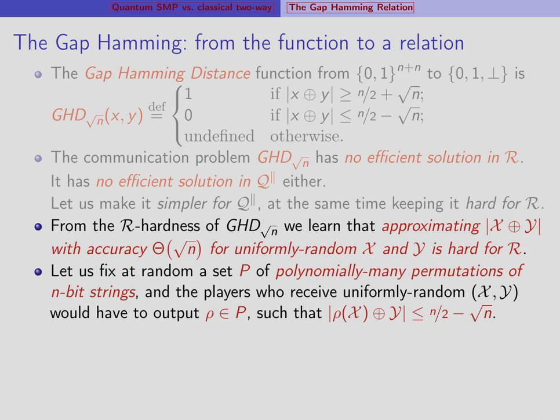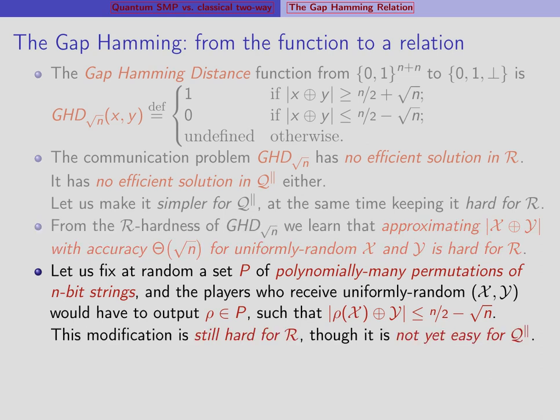So you can see that morally this problem is similar to determining the Hamming distance between two uniform random strings. Indeed, this modification preserves the classical two-way hardness of the problem. On the other hand, it's not enough. The problem is not yet easy for the quantum SMP model.